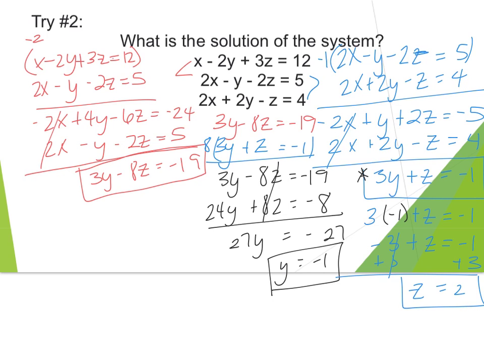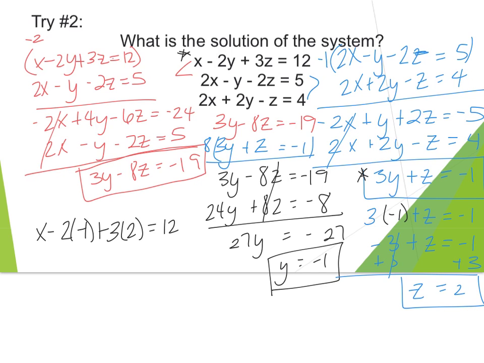Got two answers now. Now I need to substitute y and z into one of my original 3. I'm going to choose the first equation. So here we go. This equation here. So x minus 2 times y, which is negative 1, plus 3 times z, which is now 2, equal to 12.